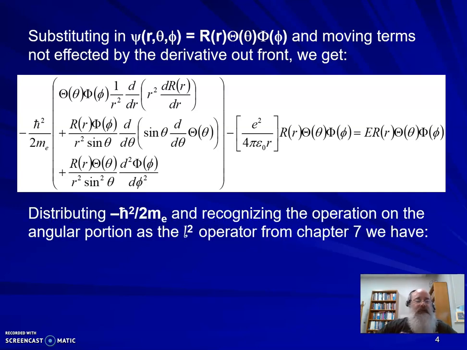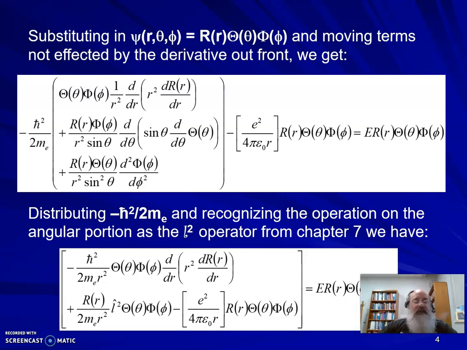If we distribute the negative h bar squared over 2 m e, where m e is the mass of an electron, and recognize that the operation on the angular portion is the same as the L squared operator from Chapter 7, then we get a slightly simpler looking version of the Schrödinger equation that we can start to work with and play with.